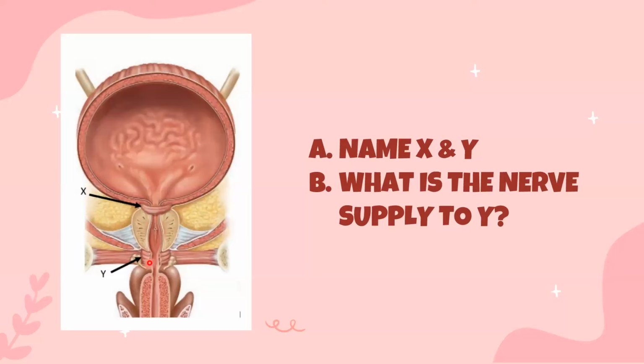Y is below this structure here. What do you guys think this structure is? This is a male, that's a big hint. What is inferior to the bladder in a male? Prostate. Perfect.